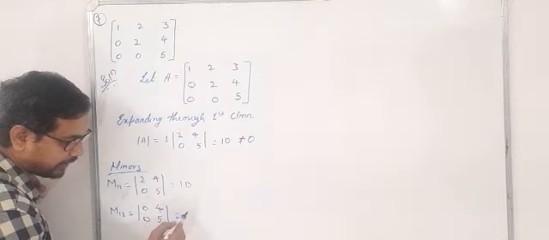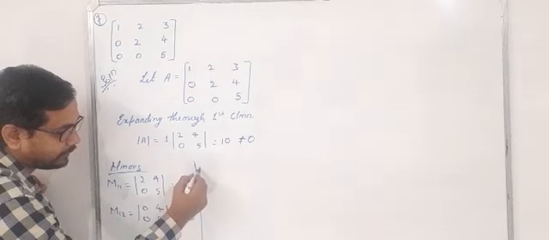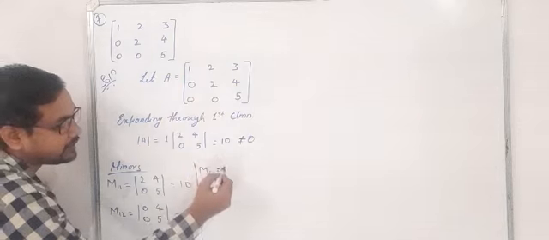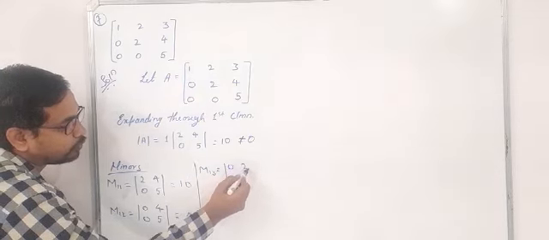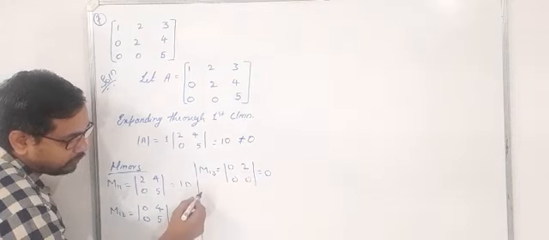So 0405 determinant will be 0, right? M13, minor of A13, that is 0200, that will be 0.